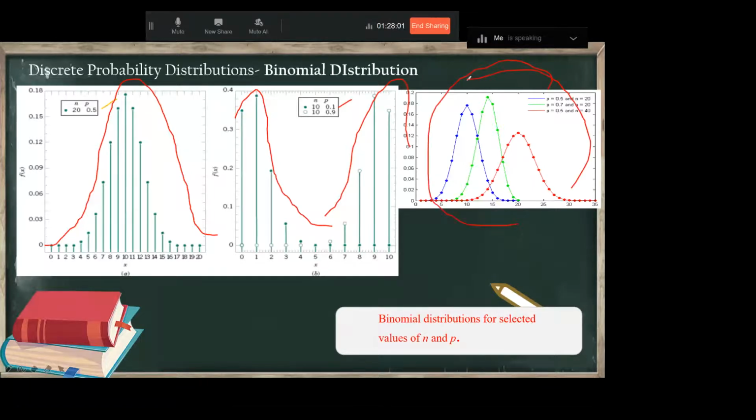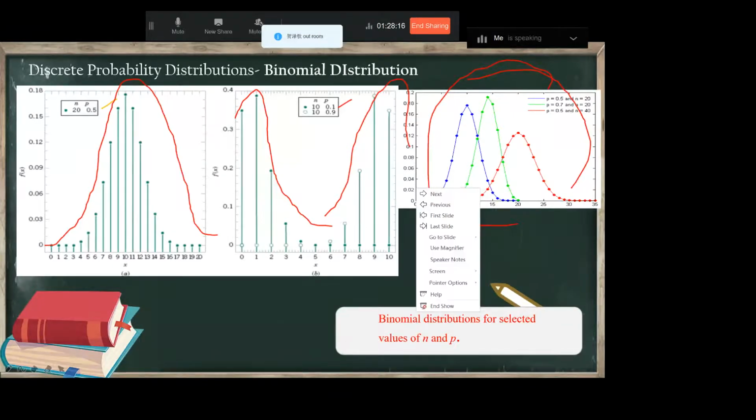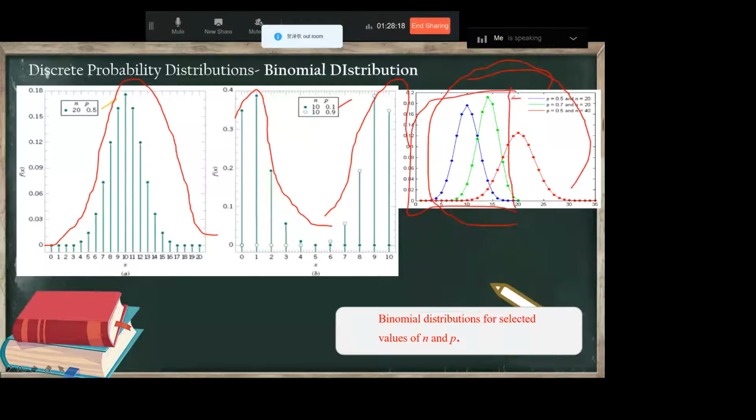So n is the same here, n is 20 and 20 and 40. So its p is 0.5 and n is 20. Just consider this one, this portion, this box. If you consider this box, you see that this is a normal distribution and this one is moved more towards the right.